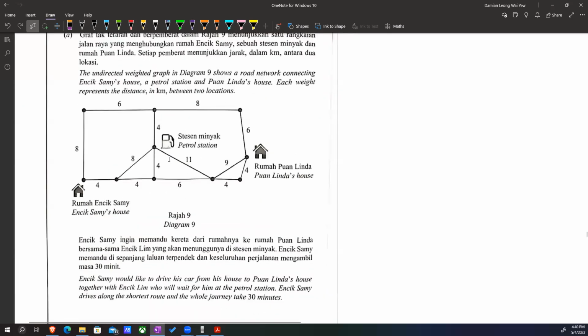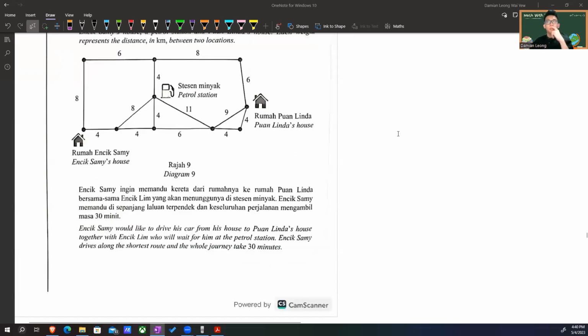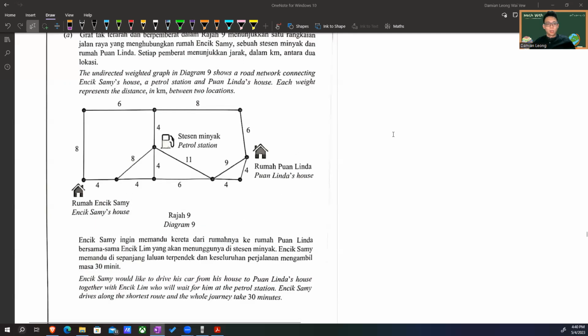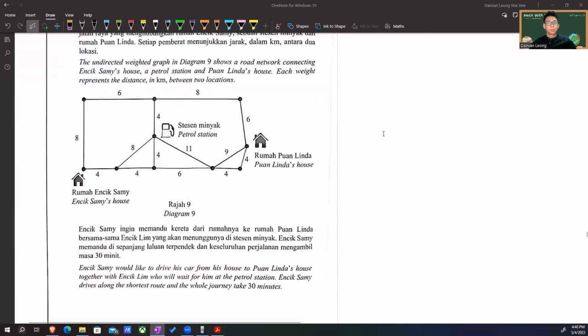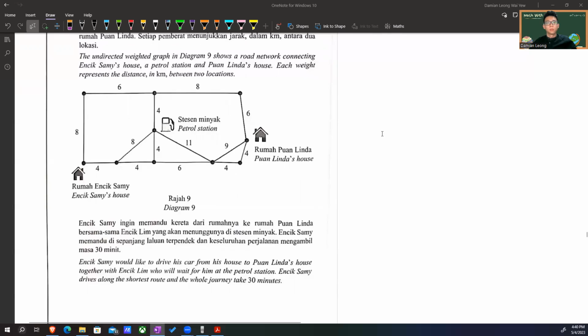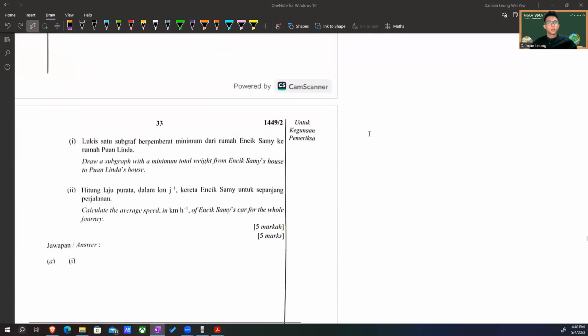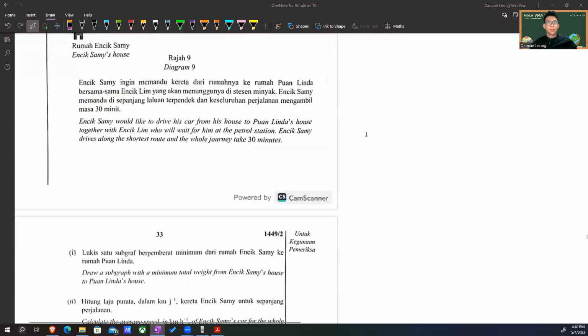Encik Sami would like to drive his car from his house to Puan Linda's house together with Encik Lim, who will wait for him at the petrol station. Encik Sami drives along the shortest route and the whole journey takes 30 minutes. So first, draw a subgraph with minimum total weight from Encik Sami's house to Puan Linda's house.